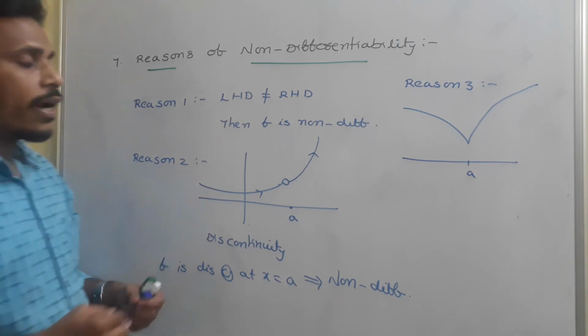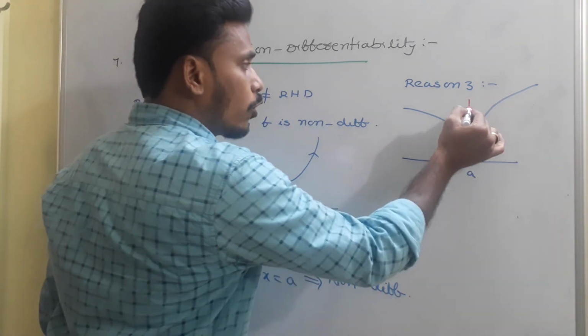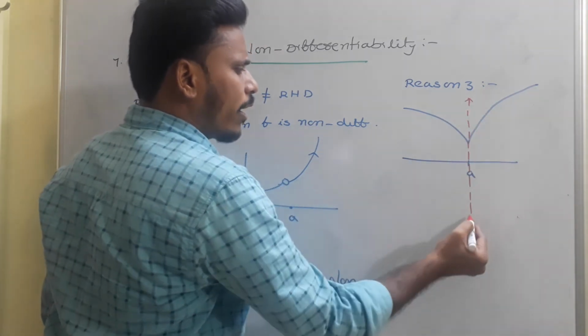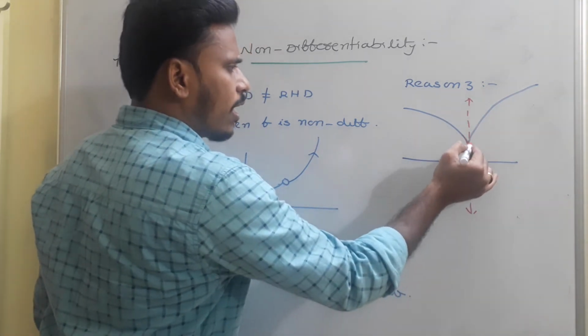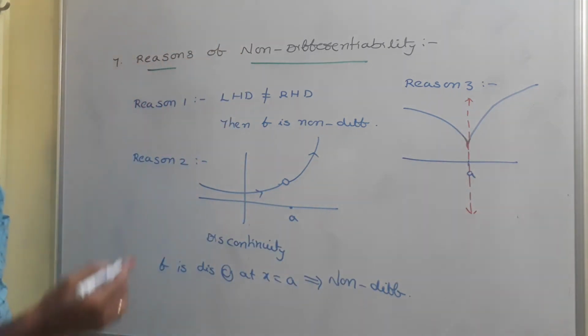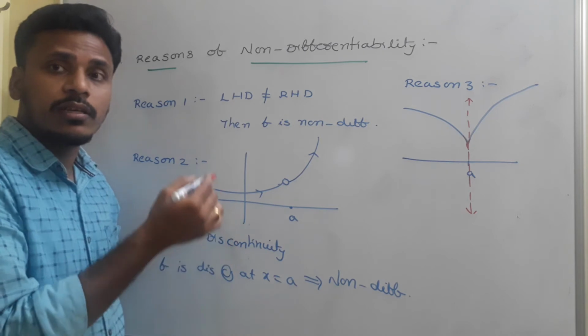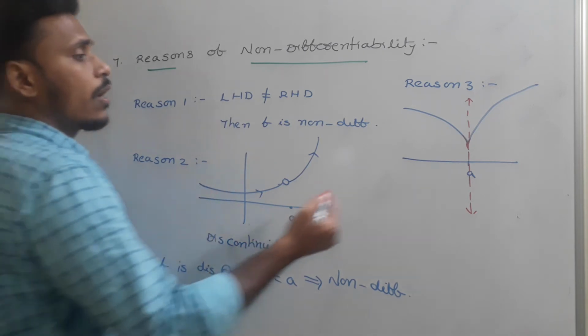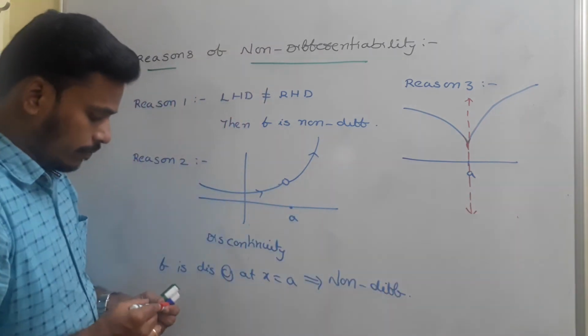What it means is, at the point A you will get a vertical tangent, and at these points these functions are non-differentiable. So reason 3 is vertical tangent.